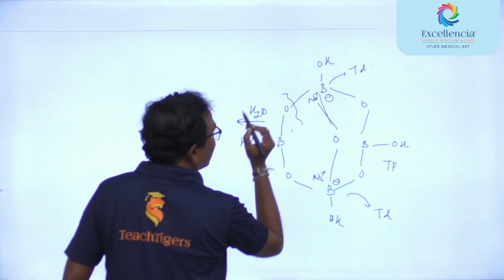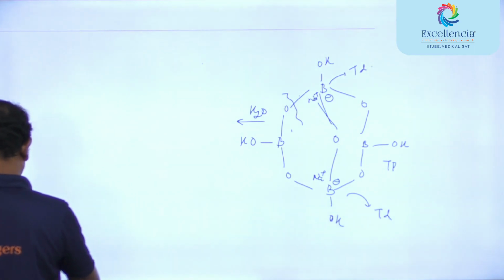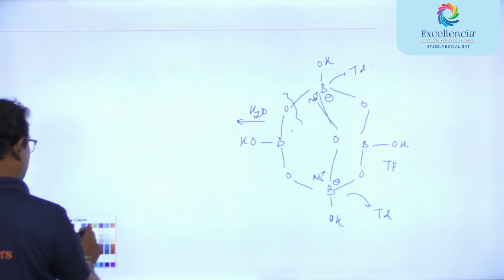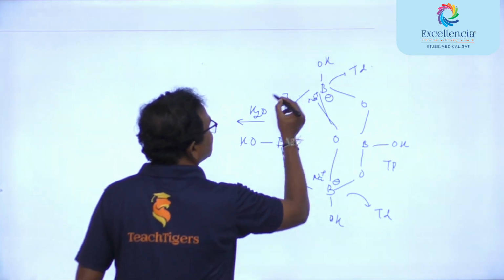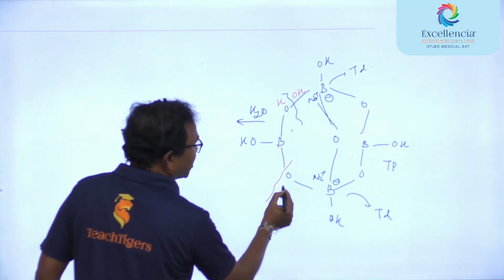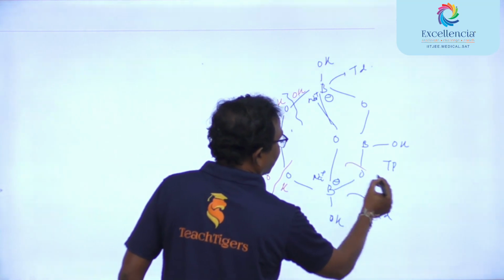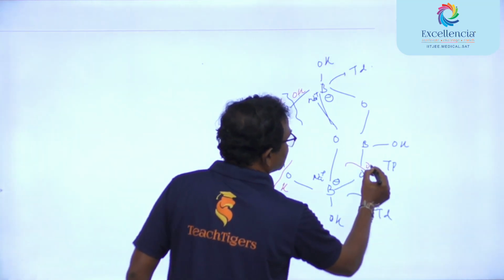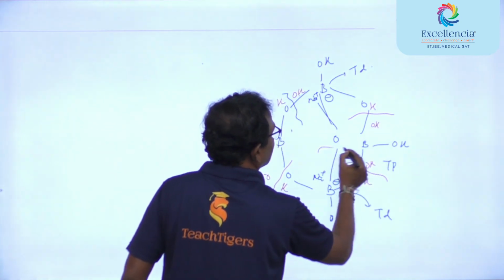I'll change the color. On the side of hydrogen, you have H plus, other is OH minus. So same thing, H, OH. H, OH.